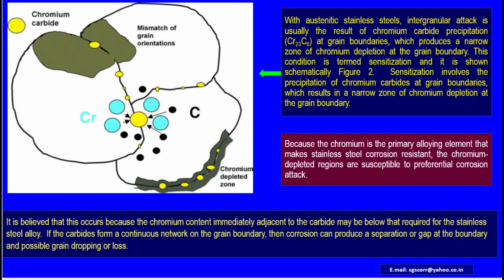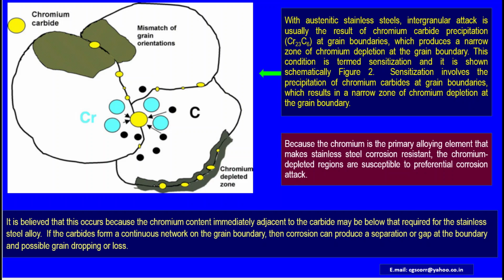With austenitic stainless steels, intergranular attack is usually the result of chromium carbide precipitation, that is Cr23C6, at grain boundaries, which produces a narrow zone of chromium depletion at the grain boundary. This condition is termed sensitization.